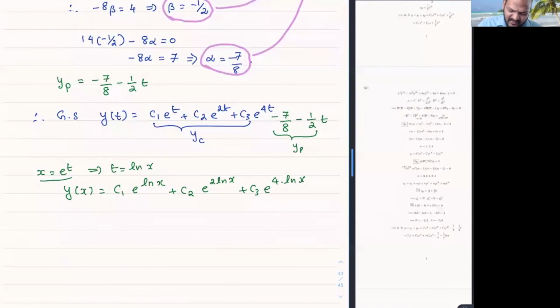This is much easier, by the way. Plugging this in isn't much easier, but again, just showing it for some of you. And then I'm going to have negative 7 over 8 minus 1 over 2 ln of x.